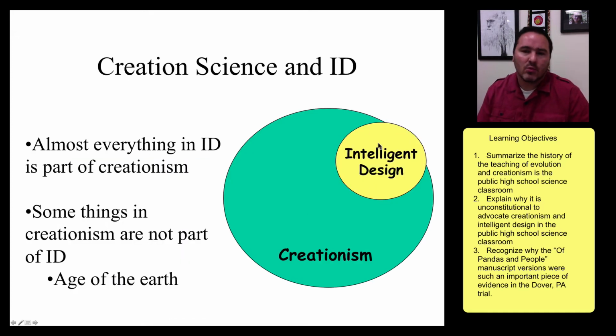Some people ask, well, what about intelligent design, this new idea that's coming out? It turns out that intelligent design is not exactly equal to creationism, but in most respects it is. There are some things in intelligent design that are not part of creationism. For example, age of the earth. Intelligent design proponents do not require that the age of the earth be 6,000 years or just a few thousand years. They allow for a really old earth.